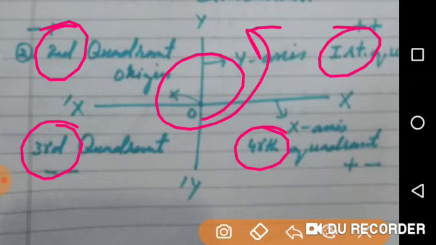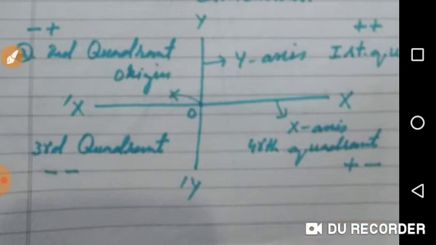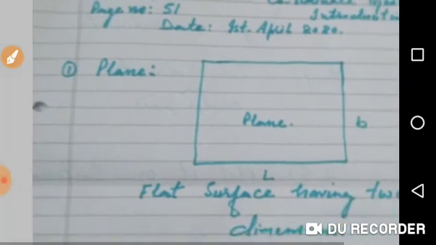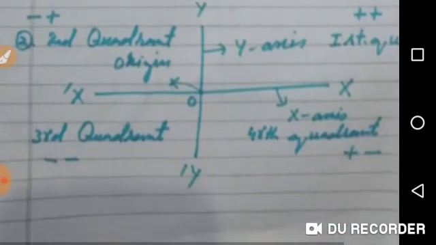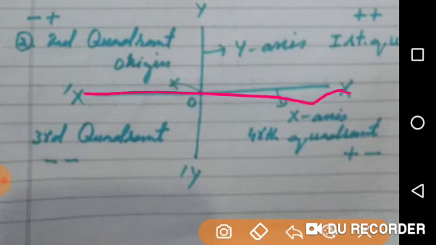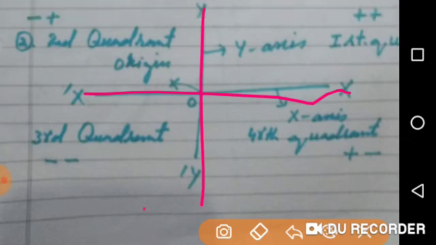Okay, so let us do recapitulation quickly, then we will move on. A flat surface having two dimensions is called a plane, and if we draw a horizontal line and a vertical line on a plane, they divide the plane into four parts, and such kind of plane is called a Cartesian plane.